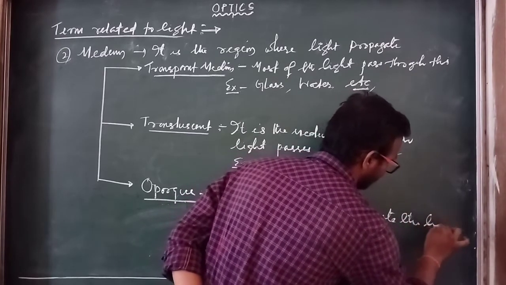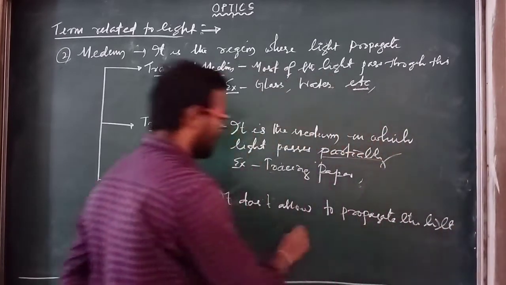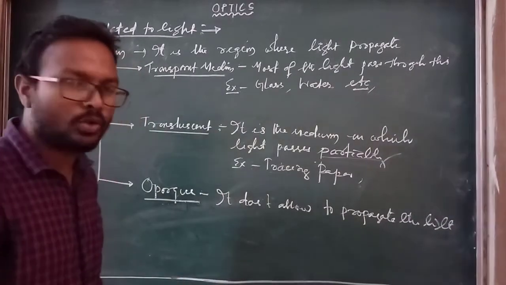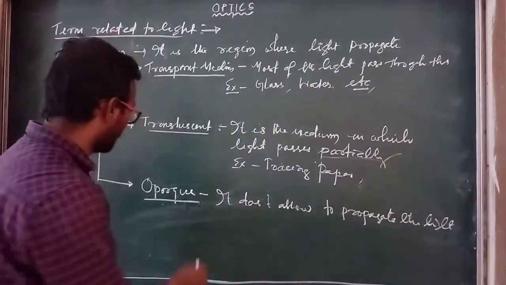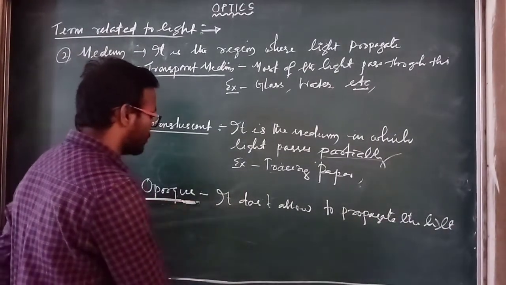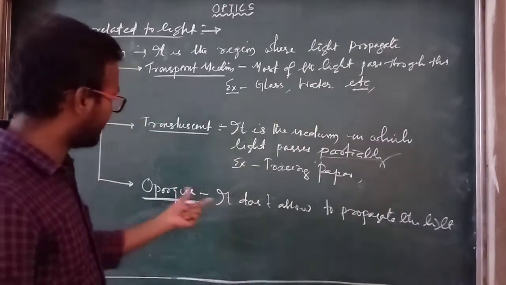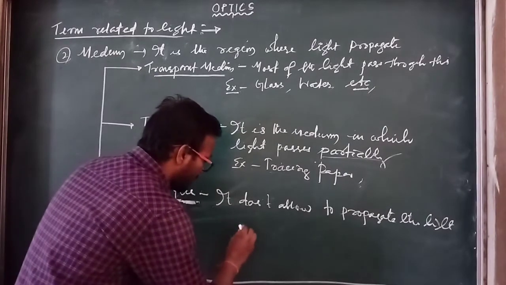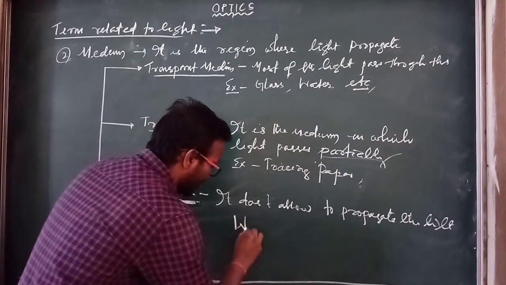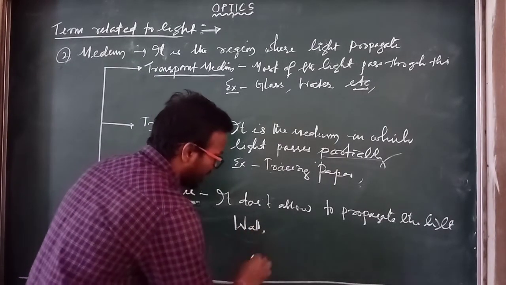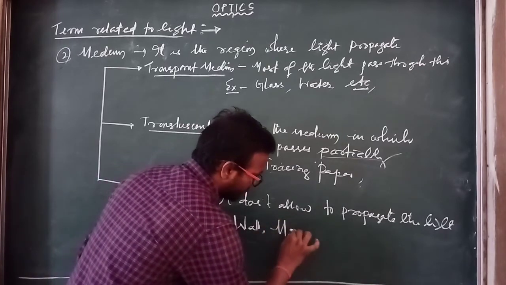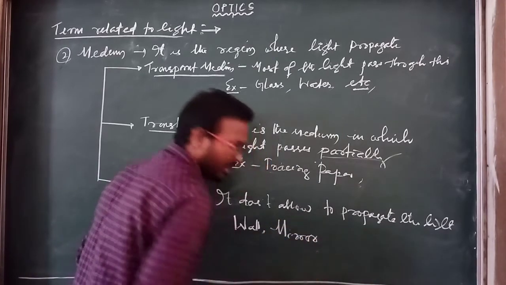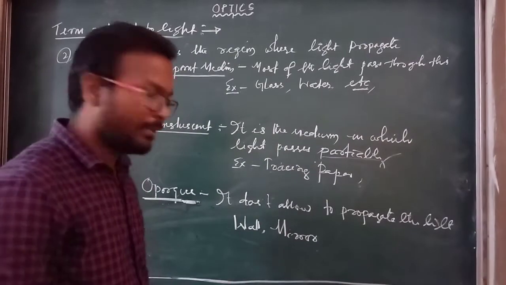That means the light does not pass from one medium to the next medium, and that type of medium is known as opaque medium. An example of opaque medium is a wall and a mirror. These are examples of opaque medium.